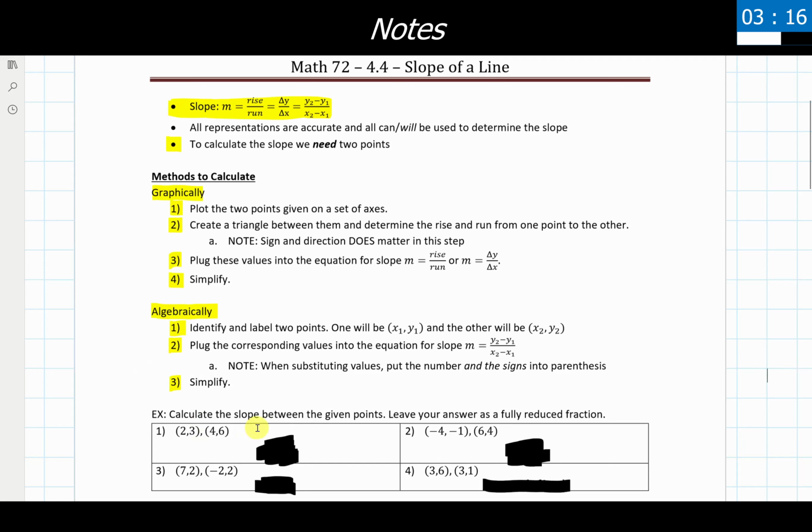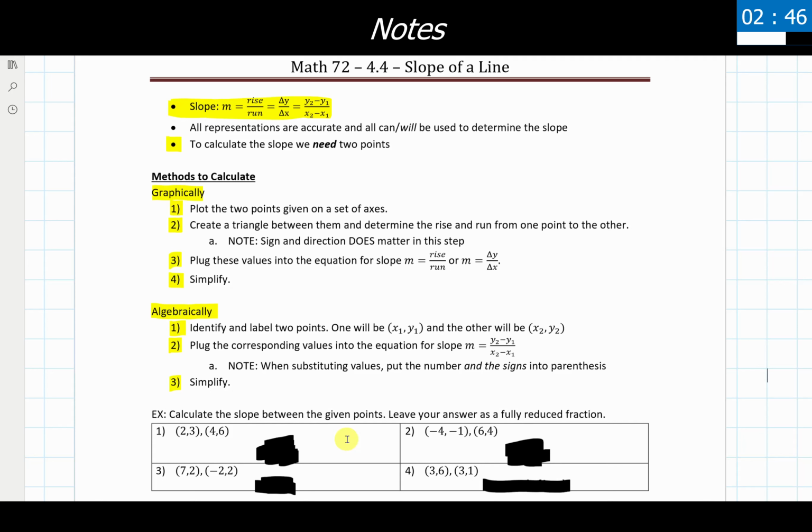What we're going to be doing, very similar to our graphical one, is identifying and labeling the 2 points. Generally speaking, they're given to us. Sometimes we might be given a table of points. At that point, you can pick any 2 points on that table that you would like to use. They can be right next to each other, they can be far apart from each other, they can both have positive numbers for x and y, both negative for x and y.